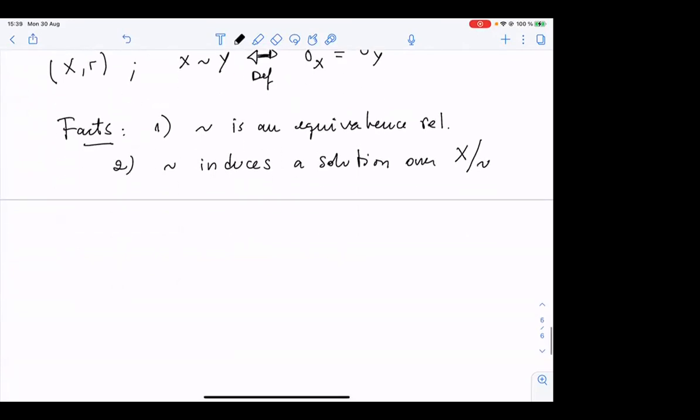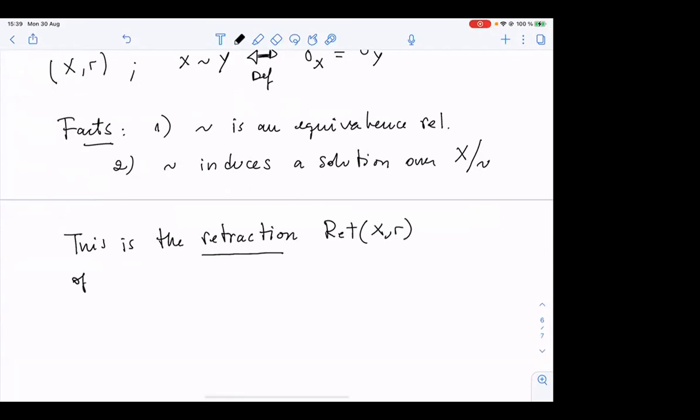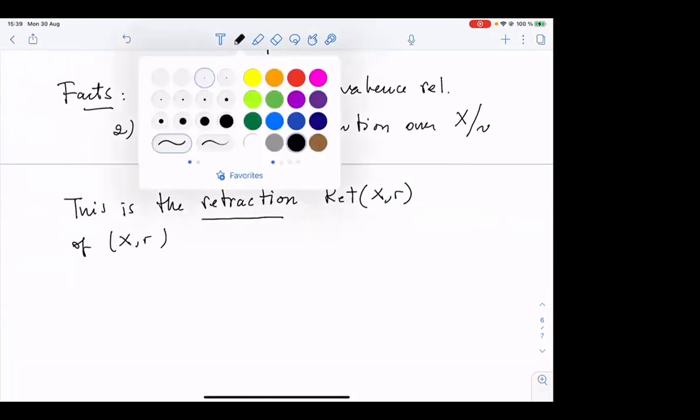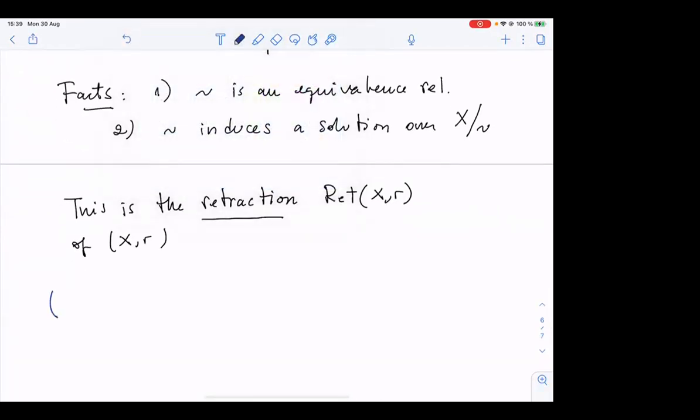This is known as the retraction of the solution. So this is the main definition.